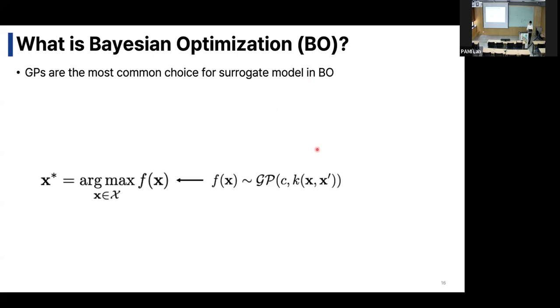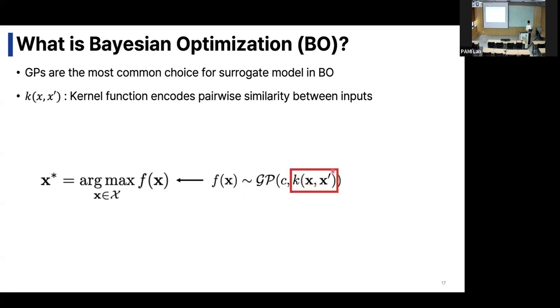Bayesian optimization typically uses a surrogate model, and the most commonly used one is the Gaussian process. In this equation, f(x) follows a Gaussian process with a mean c and the covariance given by a kernel function. The Gaussian process models the unknown function using a kernel function.